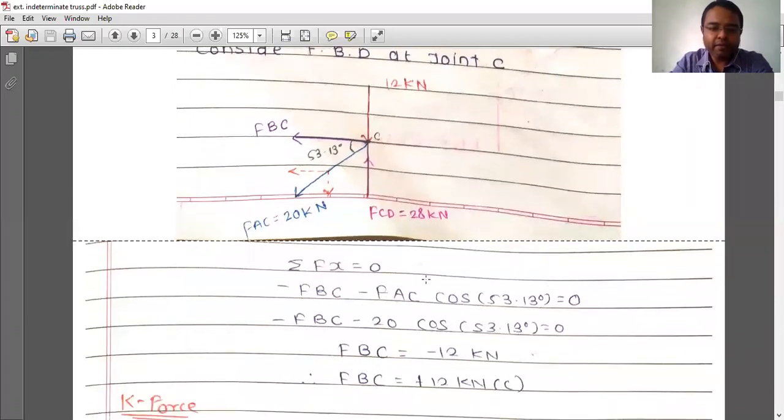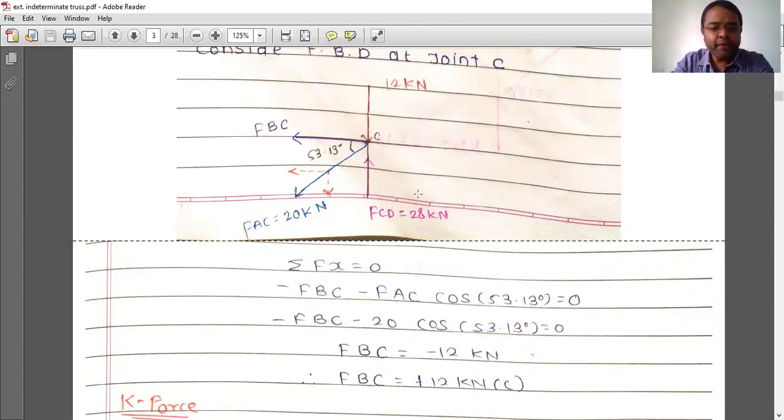Again draw FBD of joint C. Show the forces acting on joint C. This is the external force 12 Newton acting on joint C. Here the only unknown is FBC, force in the BC, and previously we have calculated force in a member AC 20 Newton as tensile. That's why I have shown direction over here, tensile.